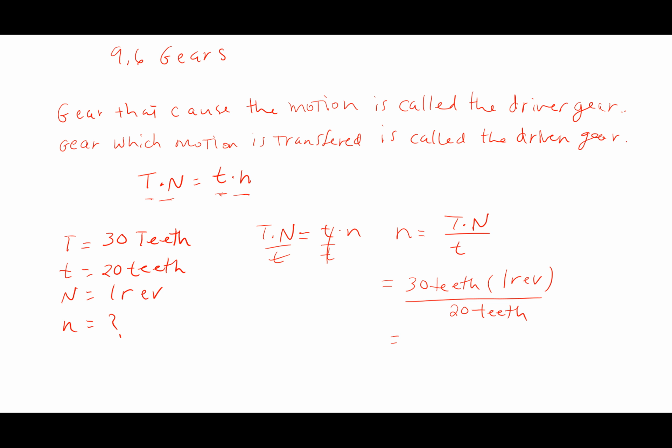The teeth are going to cancel, so that's going to give us 1.5 revs for the little n. So for every 1 revolution of the driver, the driven goes 1.5 revolutions. Okay? So you can work through those, and let's see if there's another one I'm going to do.